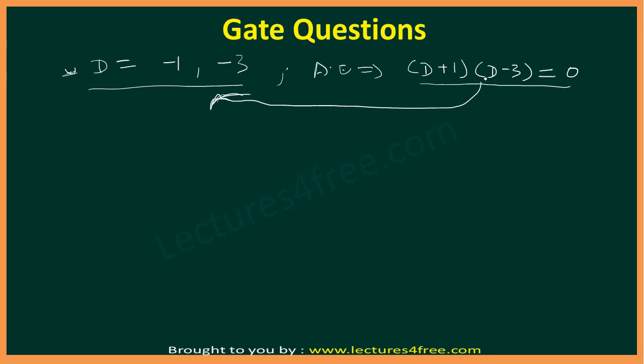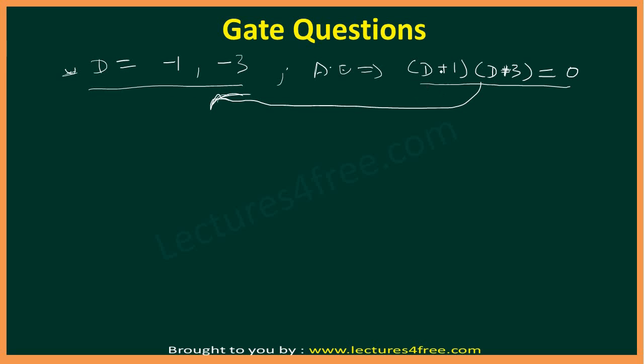Like D plus 1 equal to 0 means D is equal to -1, and D plus 3 is equal to 0 means D is equal to -3. So you can create the auxiliary equation by observing roots.